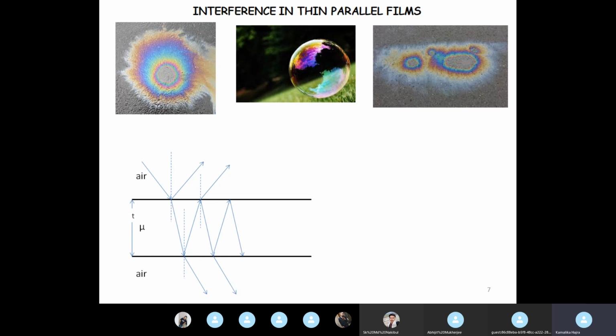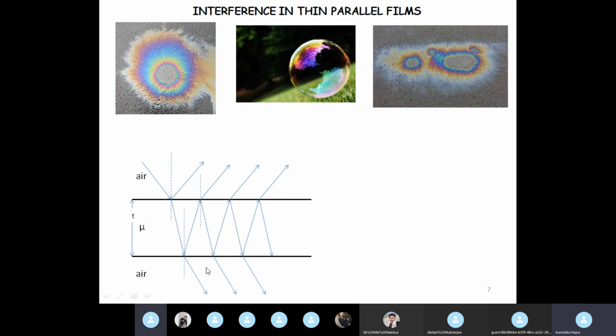This will go on, reflection, transmission, reflection, transmission, and so on, as long as the film continues.